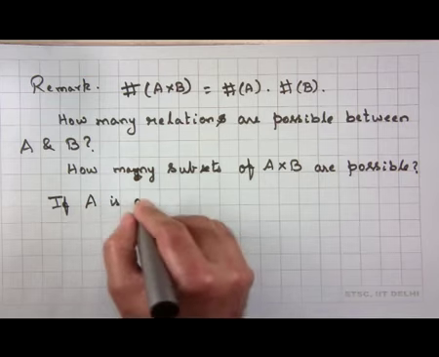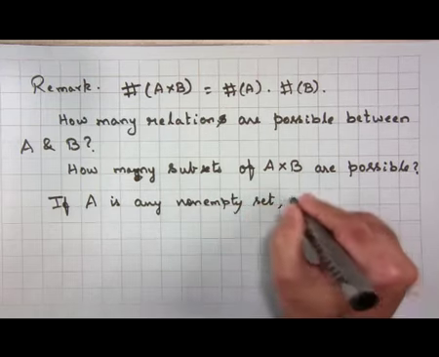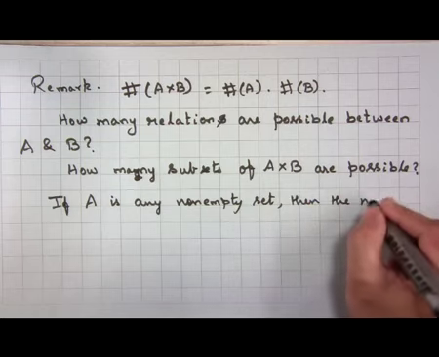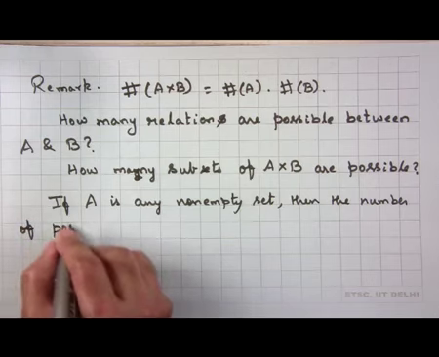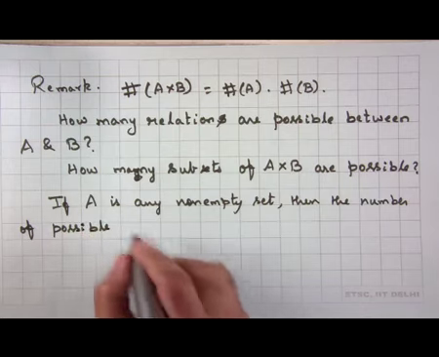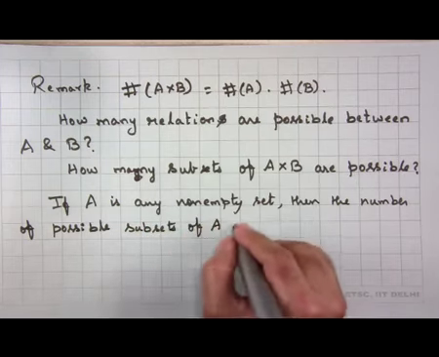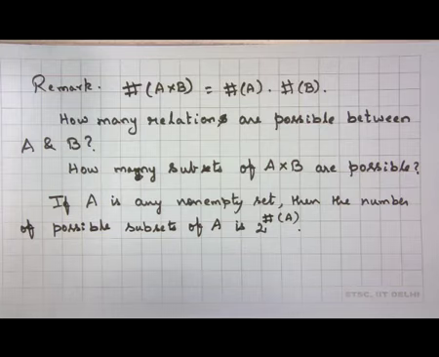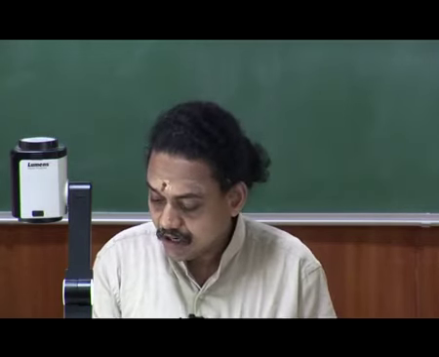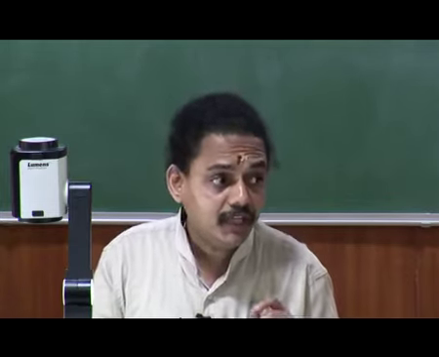If A is any non-empty set, then the number of possible subsets of A is 2 power the cardinality of A. This much is known to us, but if you look at the definition of the relation, it is defined as a non-empty subset, and one will always have to notice that all possible subsets include even the empty set.